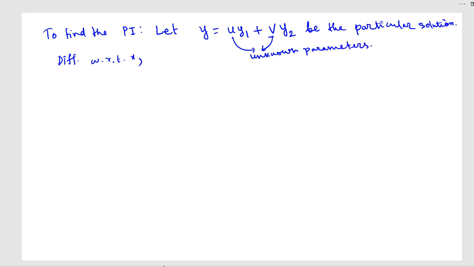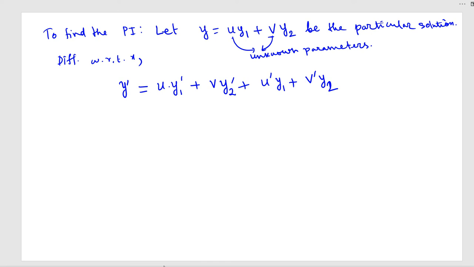If you differentiate with respect to x, then we get y dash equals to u into y1 dash plus v into y2 dash plus u dash y1 plus v dash y2.